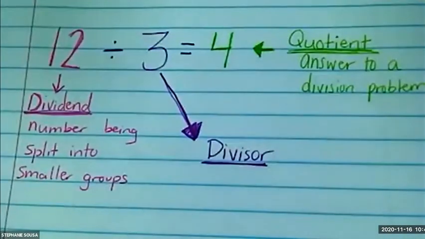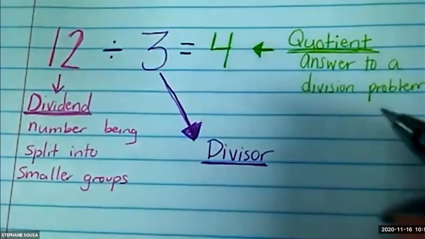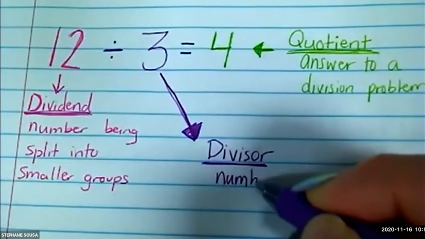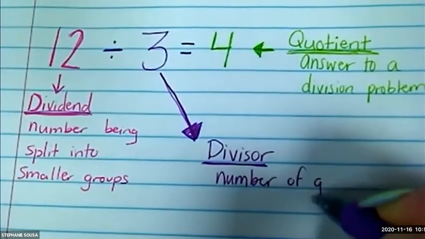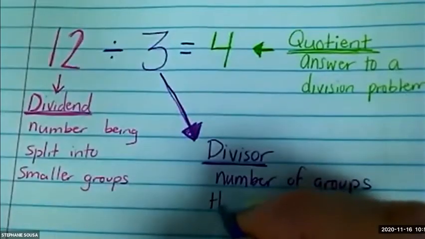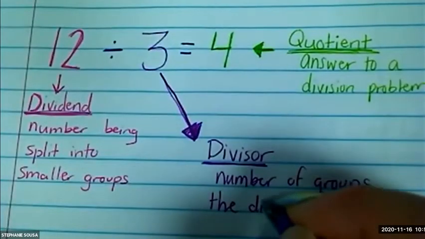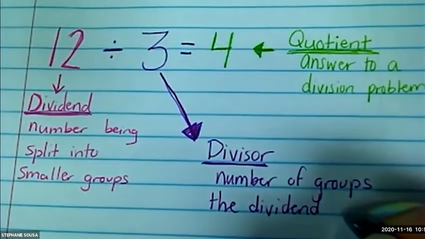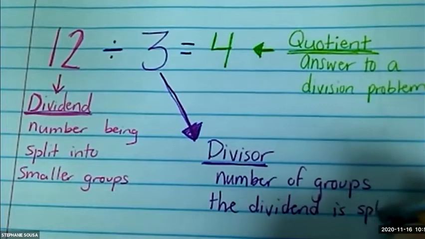And the divisor is the number of groups that the dividend is being split into.